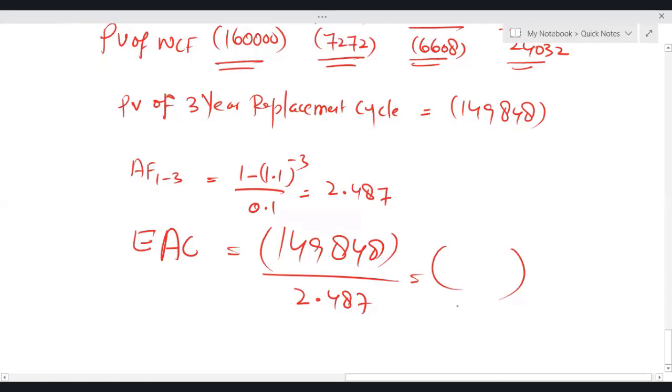1,49,848 divided by 2.487. I'm getting 60,253.